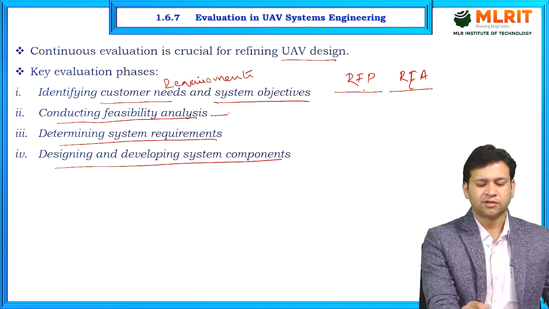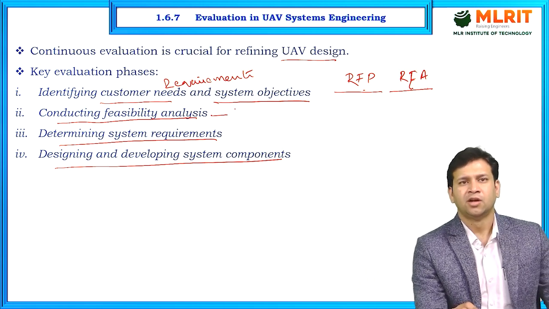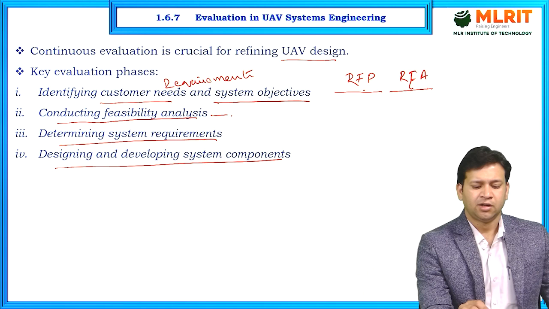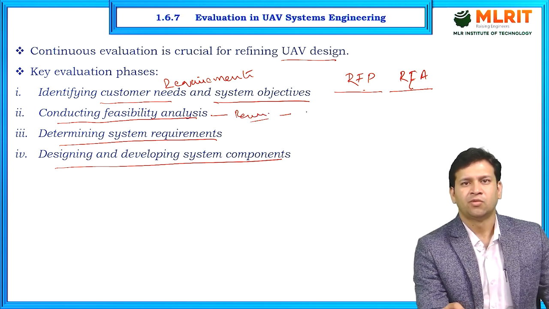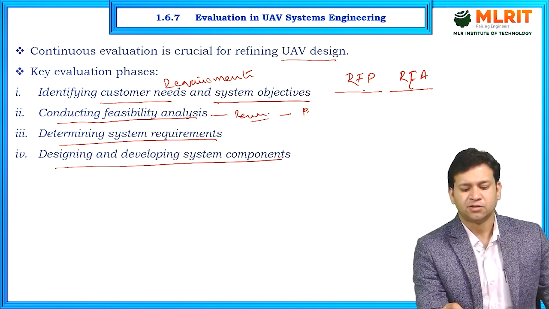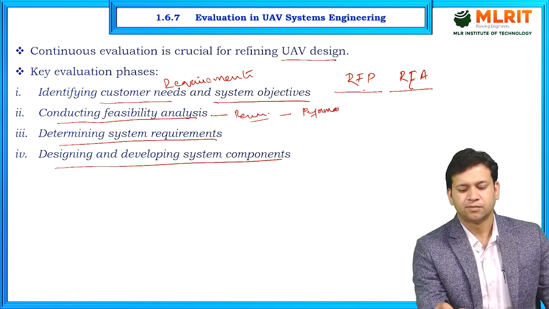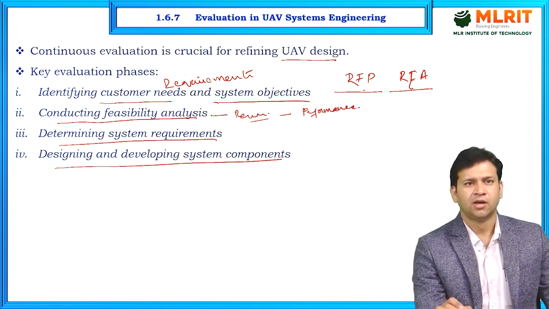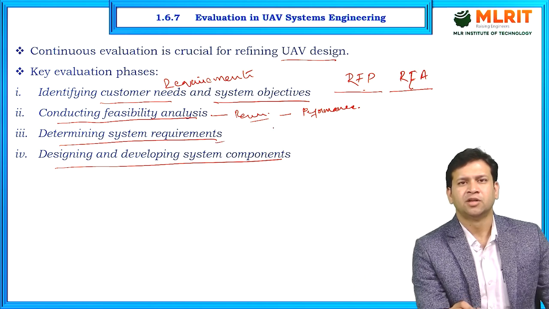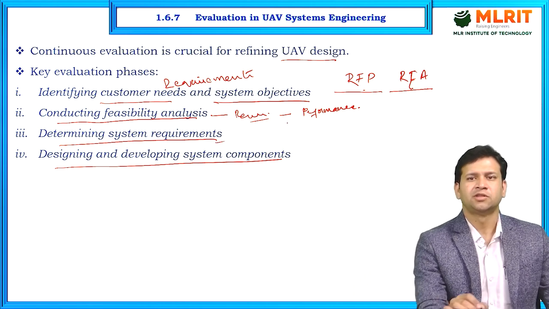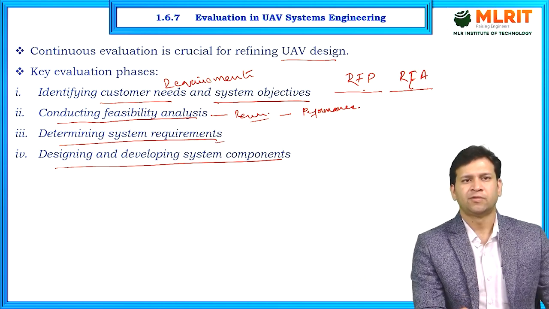Feasibility analysis is how it is going to function, how it is going to respond to the requirements, and based upon the requirements, what performance it is going to give. Then determining system requirements. Again, this is dependent on the performance. Performance is completely based on these requirements. Then designing and developing system components.